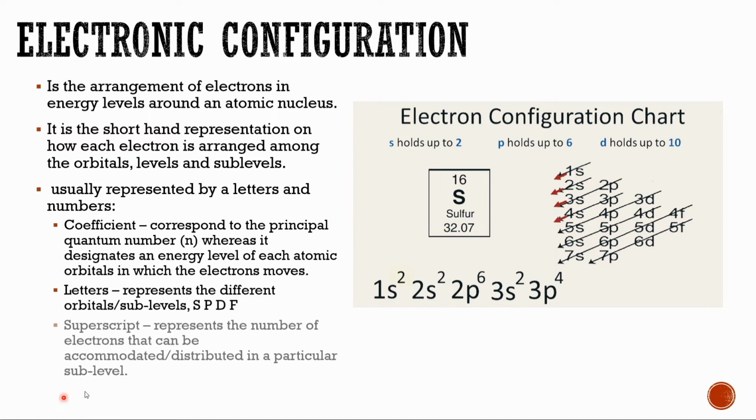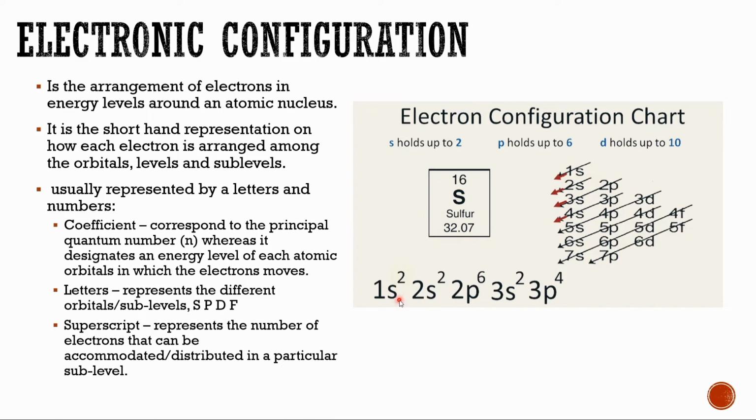Okay? Next. Superscript. Superscript represents the number of electrons that can be accommodated or distributed in a particular sub-level. So, ito po ang mga tinatawag na superscript. Ito po nasa taas na number. Okay? These are superscript. Ito po ang number of electrons na kayang i-hold ng isang subshell.